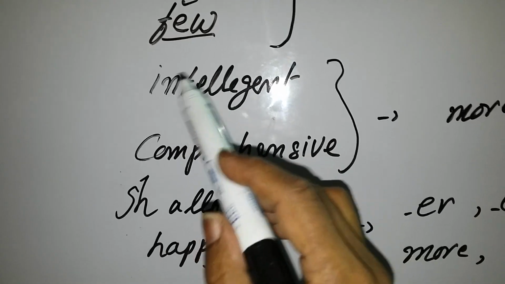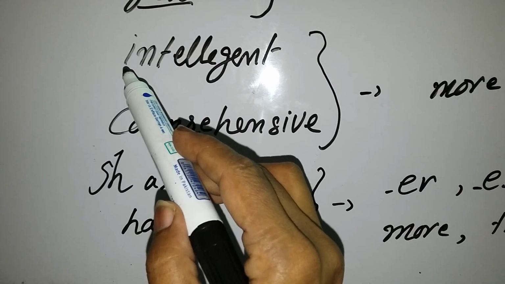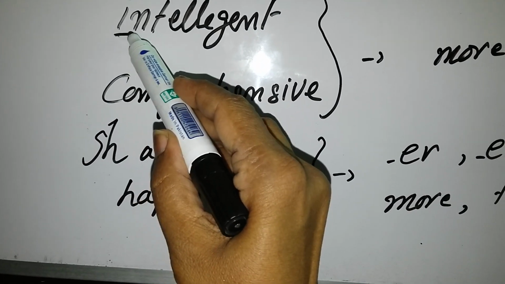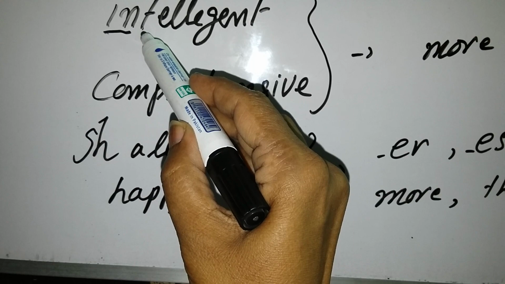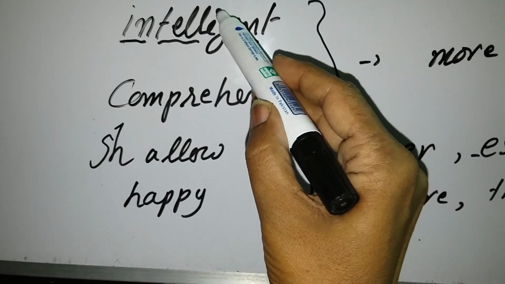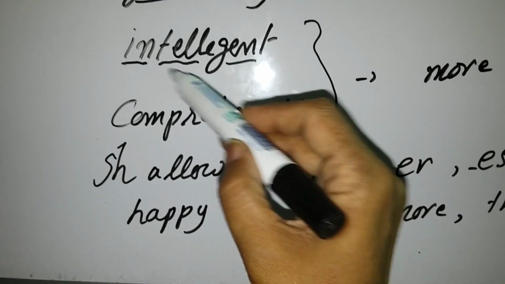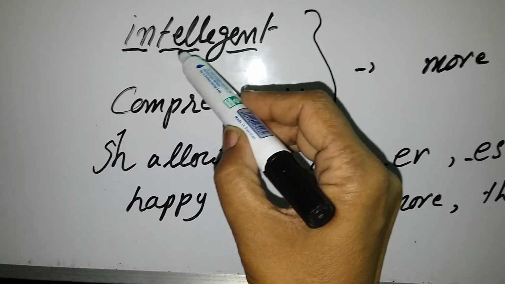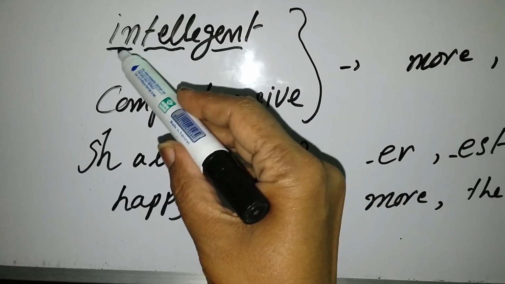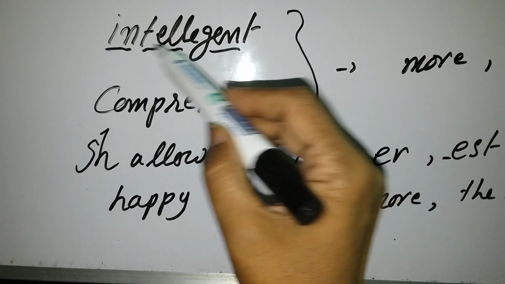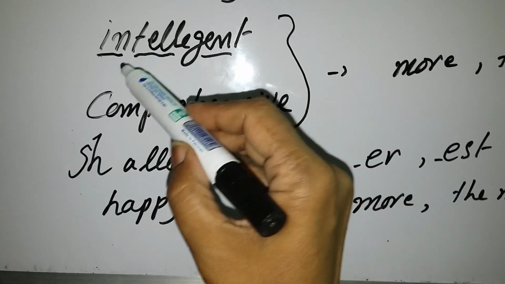Now look at this next example. In this example you will see the word intelligent. Now it can be divided into different units. Intelligent. Now this is a 3-unit word. You can also convert it into 4-unit. How? In-tel-li-gent.